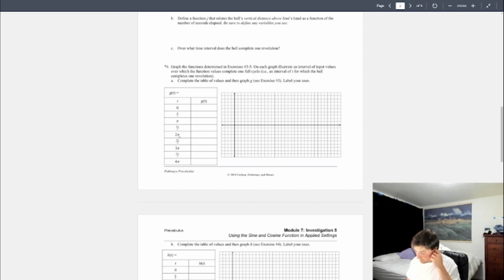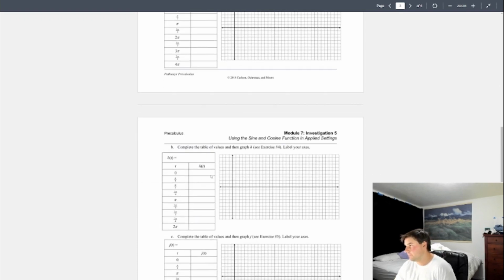So maybe I should label them in just radians instead of involving pi. Because the other ones are gonna... oh, well, I guess actually, that's weird to have the vertical distance in pi.